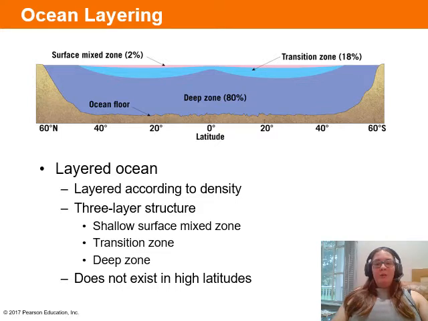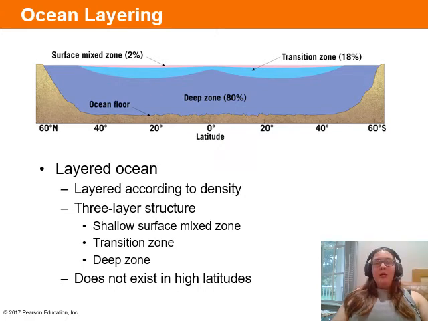But now let's jump down to this deep zone. Here we're talking about really deep water, so it doesn't have any sunlight, and it's therefore going to be really cold, but it's also going to be very dense, not only because of the temperature of the water alone, but now this water along the base is underneath a lot of weight from all of the water above it.